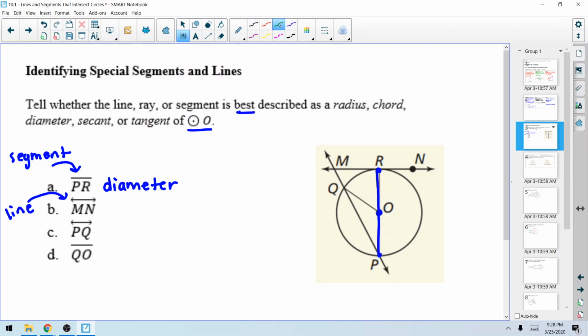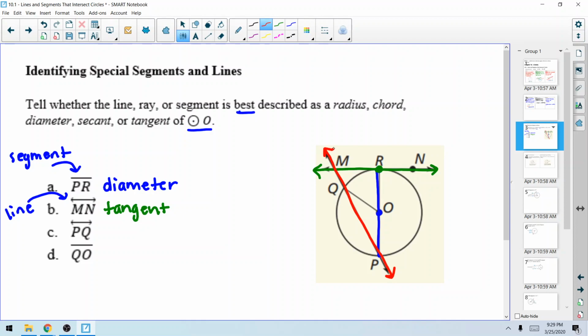Next one, MN. Now, notice MN on top of that, they've got the arrows. So now we're talking about a line. If you look at MN, it only intersects the circle once. That's a tangent. PQ also has the line symbol. So we're looking from P to Q, and we're going to keep going.